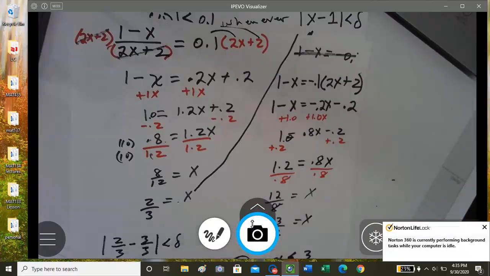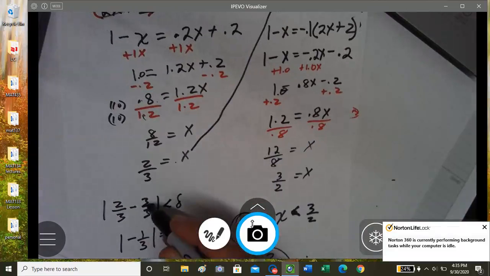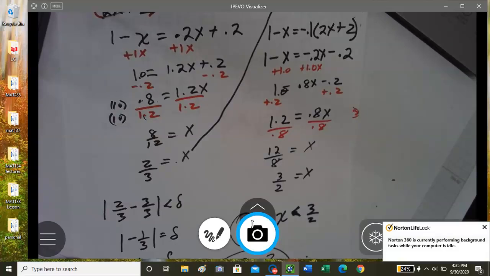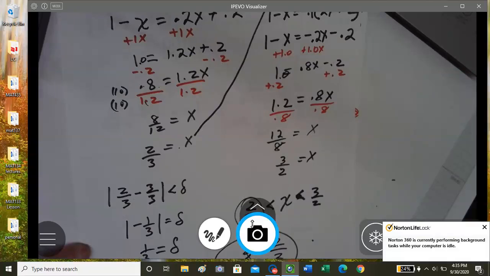That's what we did here. 2/3 minus 1 is less than our delta. And we ended up with 1/3. So our answer is delta equals 1/3.